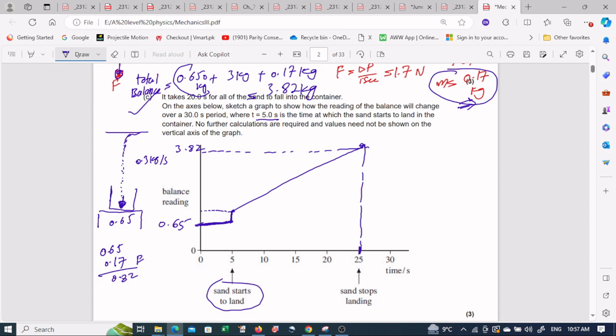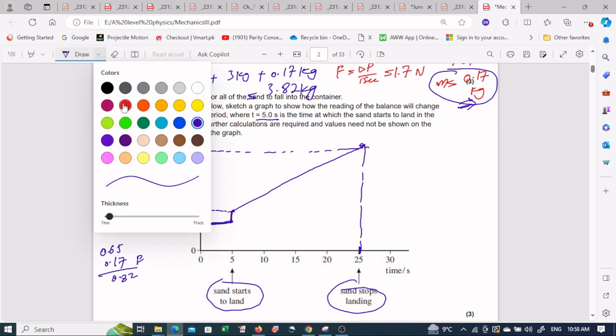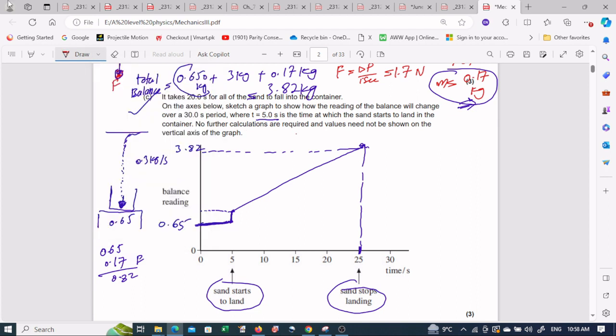Now after 25 seconds, the sand stops landing. When the sand stops, the equivalent force reading vanishes and jumps to zero. So we have to remove the 0.17 from 3.82, which gives a reading of 3.65.